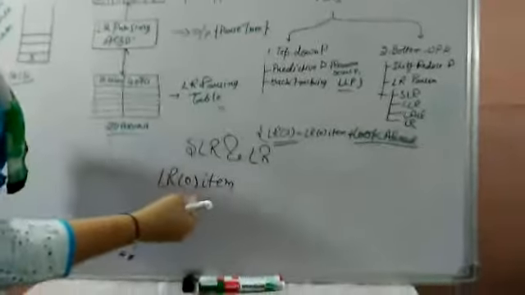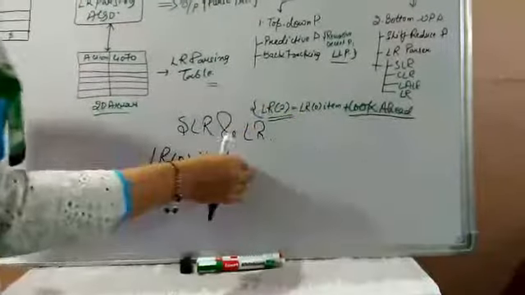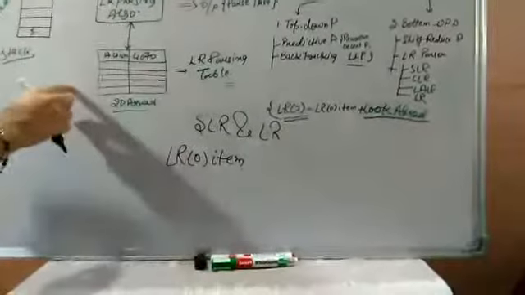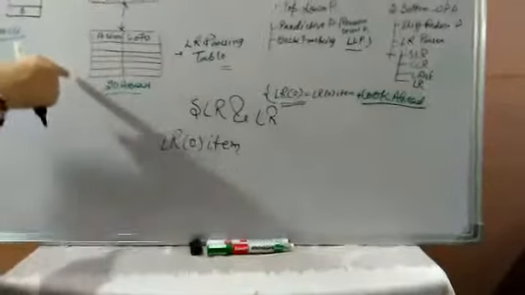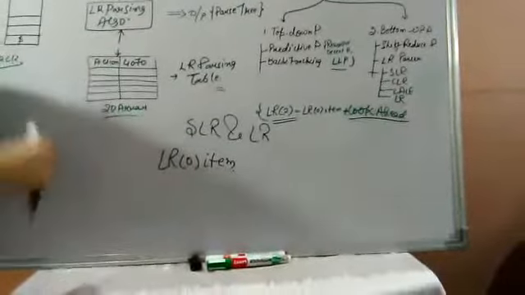The main difference between the LR0 item and the LR1 item is that in LR1 we add a lookahead symbol to the LR0 item. The purpose of adding this lookahead symbol in the LR1 item is to reduce the entries in the parsing table, so it becomes more efficient to detect errors in the parsing table.